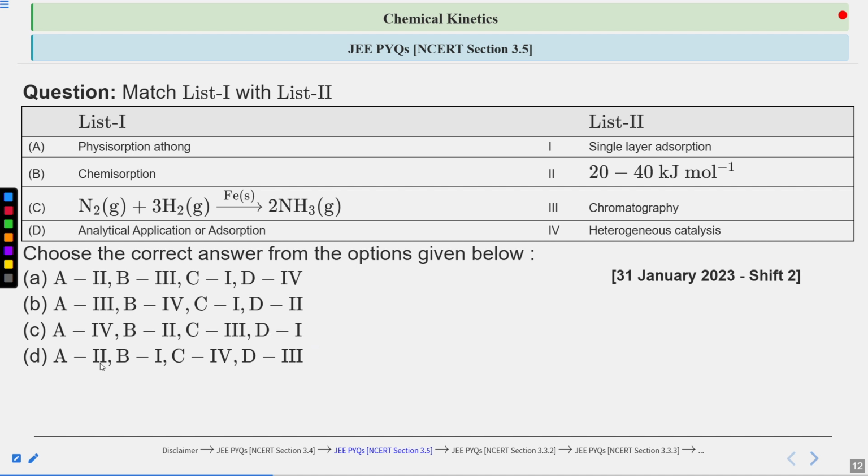Or A is connecting with second, B with first, C with fourth, and D with the third one. From these options, you have to select the correct option indicating the correct match between the List 1 components and the List 2 components. I am giving you some time, try to solve this, then we will see the correct answer.